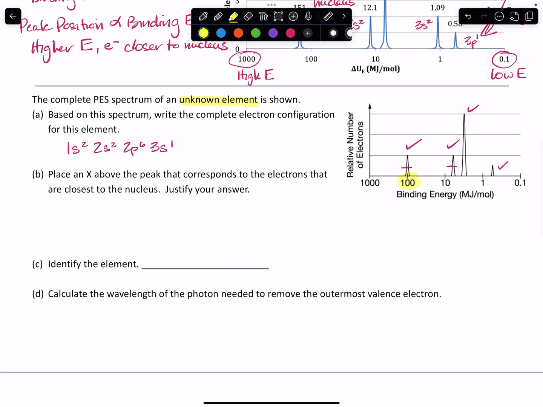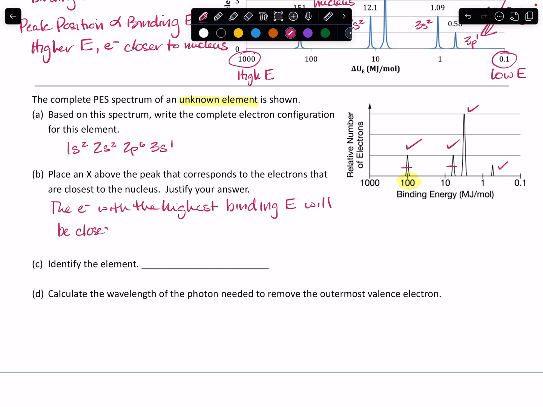Place an X above the peak that corresponds to the electrons that are closest to the nucleus. So that's going to be the ones, let me switch back to my pen. The electrons with the highest binding energy will be closest to the nucleus.